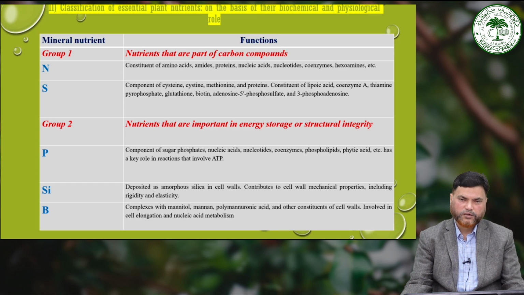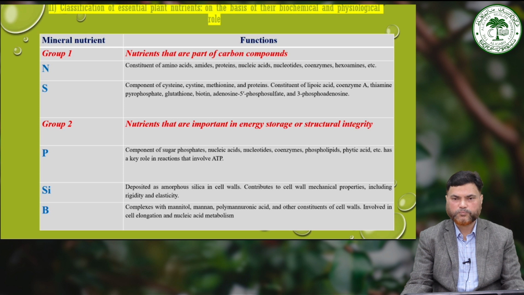Phosphorus is a very important molecule involved in energy storage and structural support in the plant cell. It is present in the sugar phosphates, nucleic acids, nucleotides, coenzymes, phospholipids and phytic acid. In addition to this, phosphorus plays a key role in reactions that involve ATP, the primary energy currency in the cells.